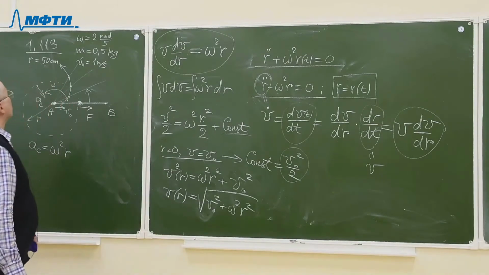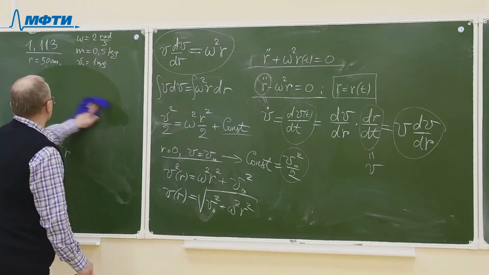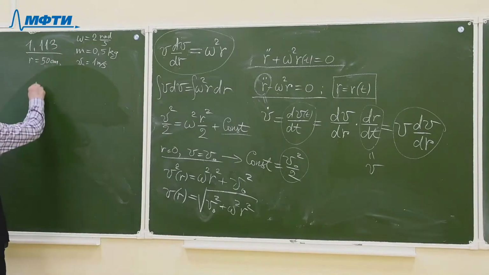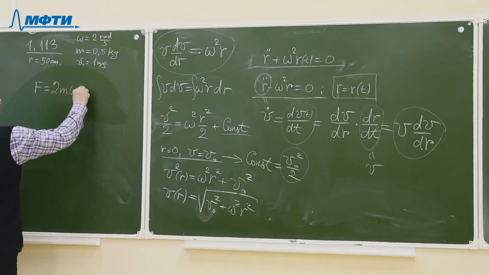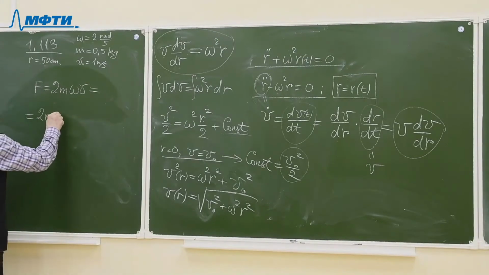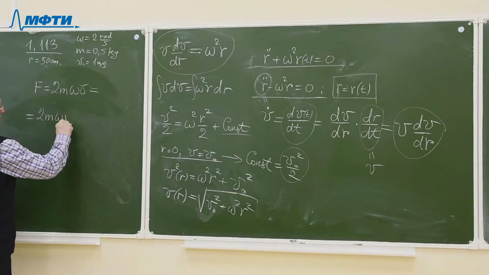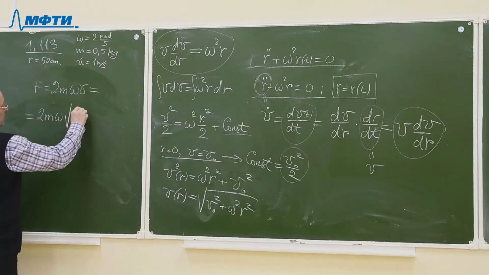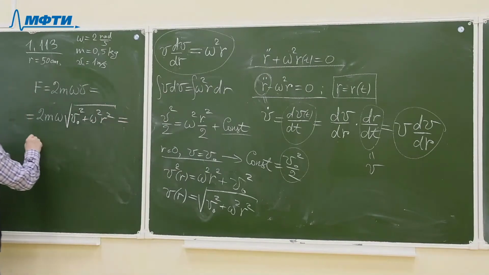And now we can use this velocity as a function of distance to calculate the Coriolis force, which was written here as 2am omega v. So it will be 2am omega, and instead of v, I substitute this expression, the square root of v0 squared plus omega squared r squared, equal to 2am.